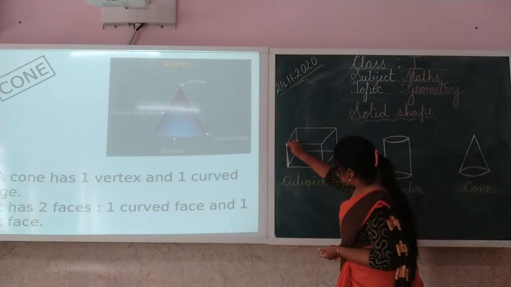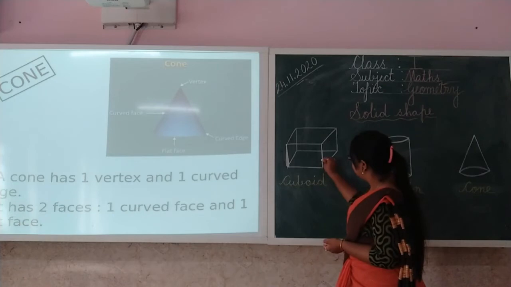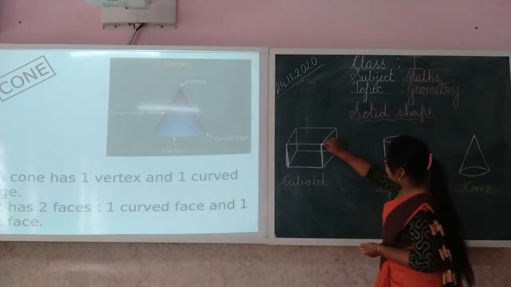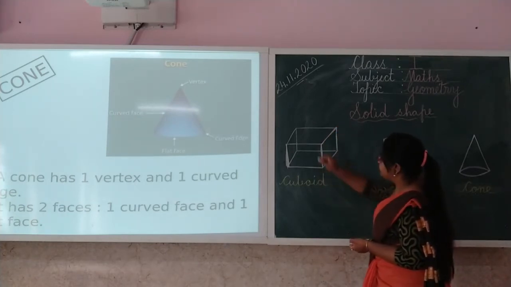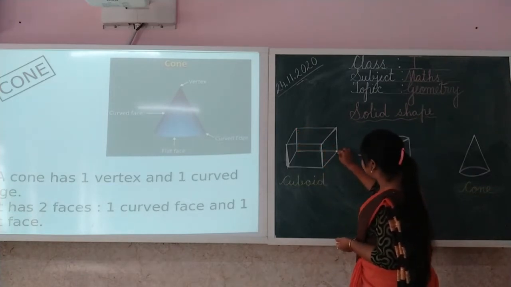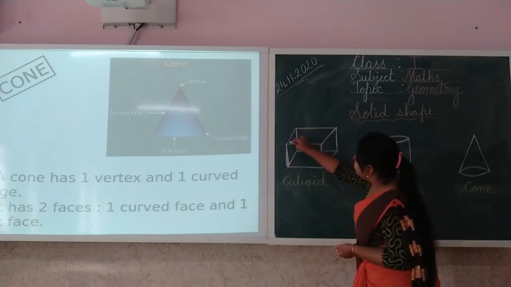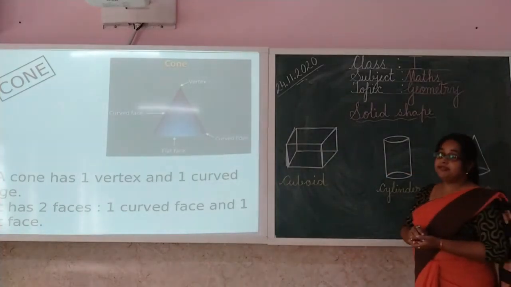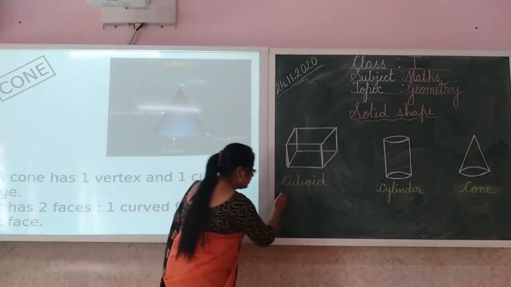See, 1, 2, 3, 4, 5, 6, 7, 8, 9, 10, 11 and 12. So we have 12 edges. Okay. So let's write over here 12 edges.